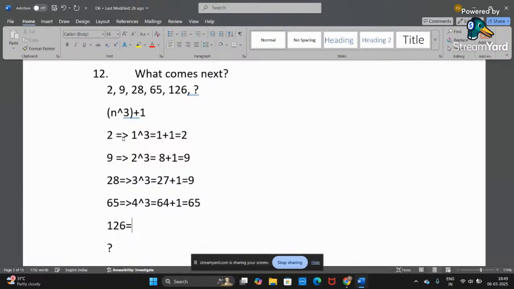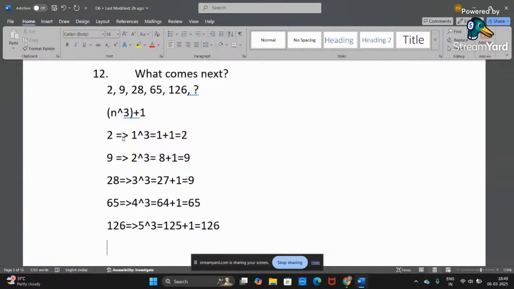This logic is applied here. Here 5 to the power 3: 5 cube equals 125. We're adding 1, so it is 126.